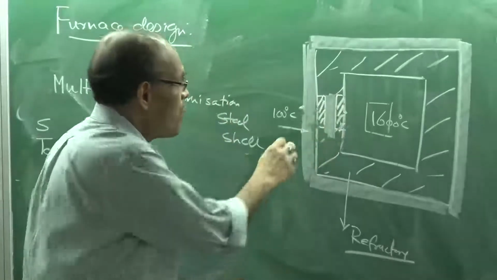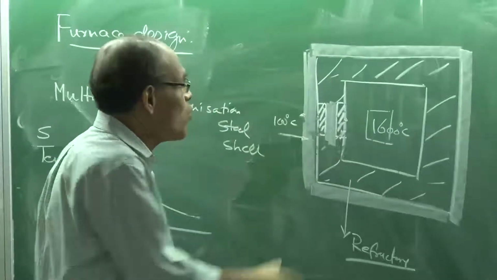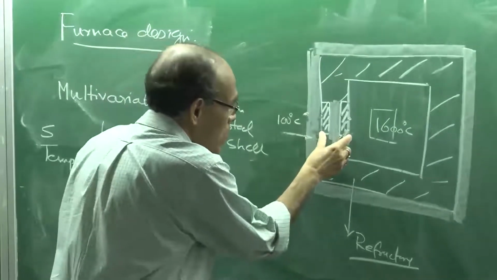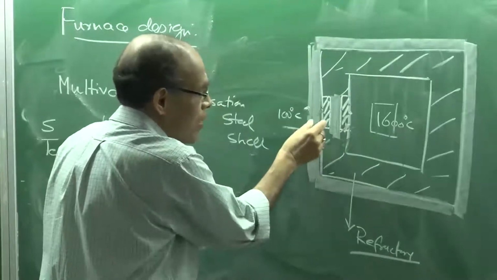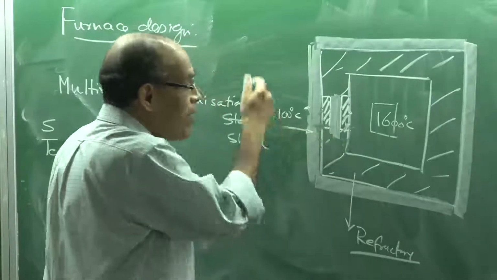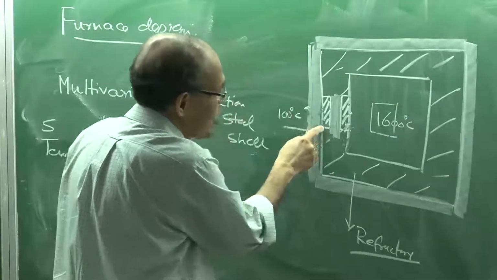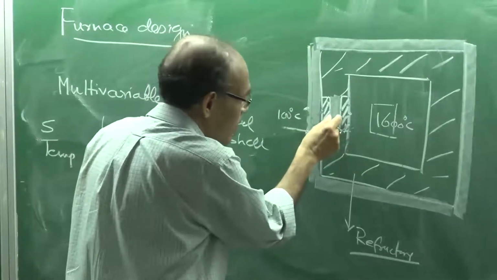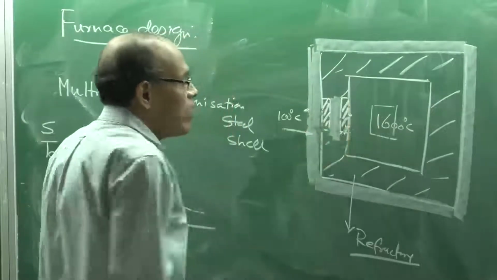So you have now several resistances working in series, and earlier you would have just one refractory brick, one contact resistance, one steel, but now you have replaced it by a larger number of thermal resistances by introducing one contact resistance here, another contact resistance here, a glass wool resistance here, and then another refractory resistance.